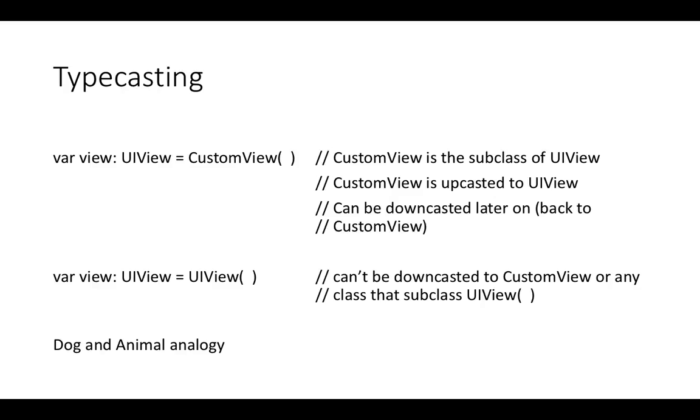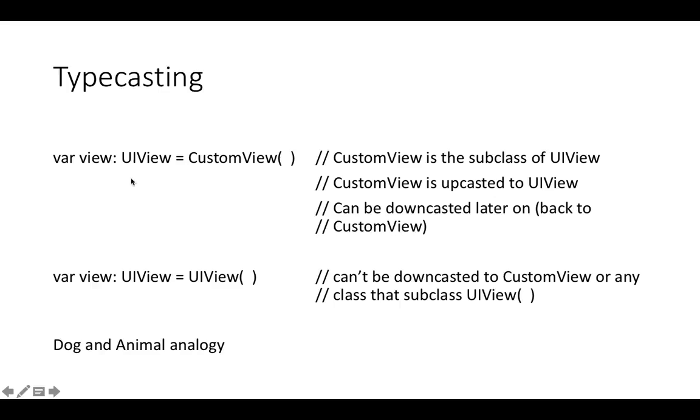Now, let's see some example that is more closely related to Swift. So I have a view here, and this view is of type UIView. And then I'm assigning a CustomView object into this view. This CustomView we know is actually a subclass of UIView.